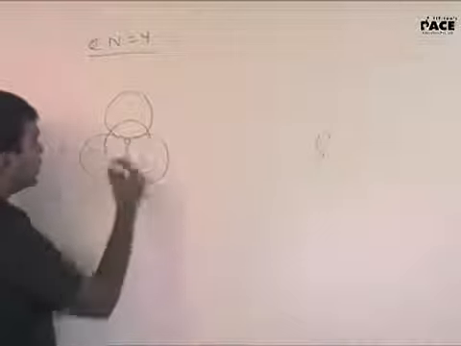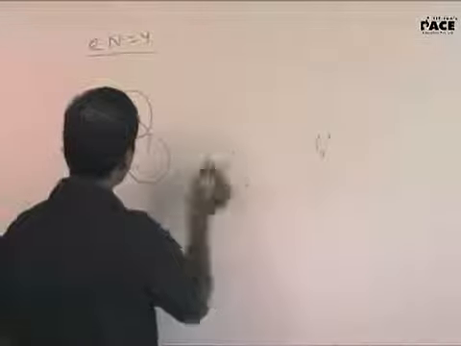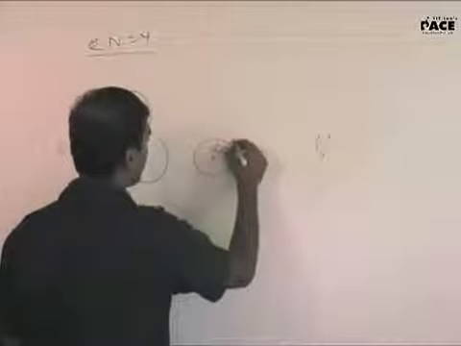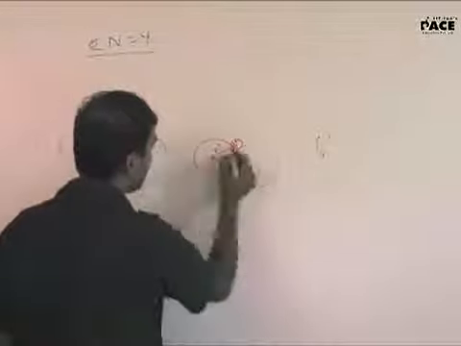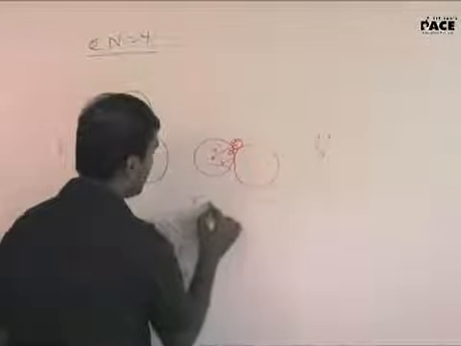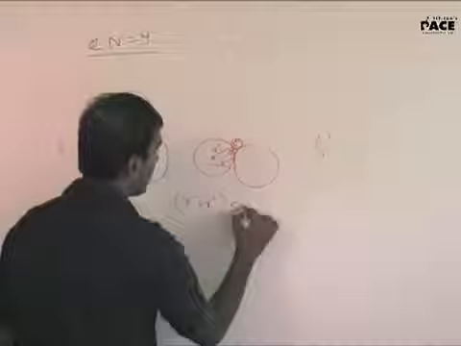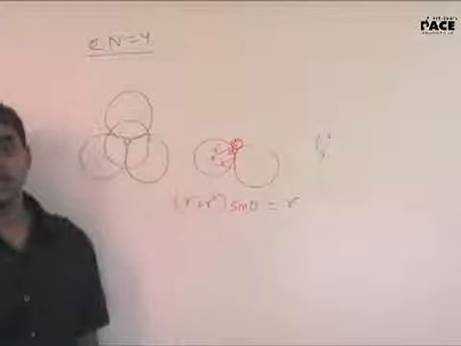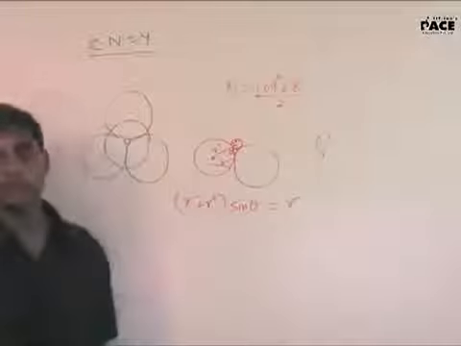If I want to find the radius ratio in this case, how do I do it? I can say this is r minus, this is r plus, this is r minus. If I say this angle is theta, I can say r minus plus r plus sin theta equal to r minus. And what will this theta be equal to?